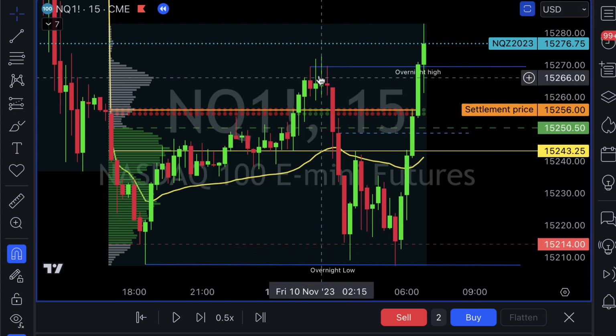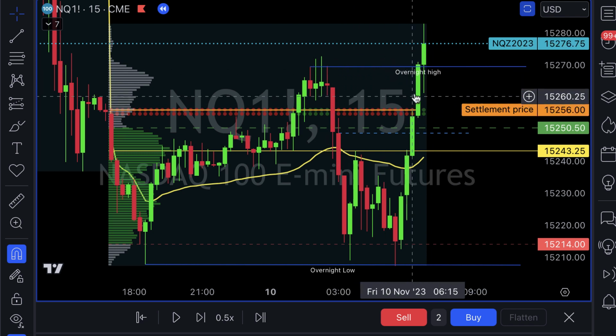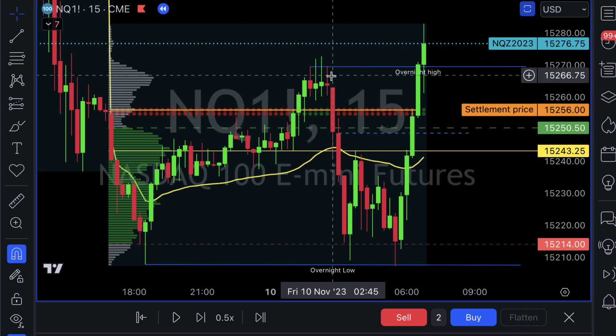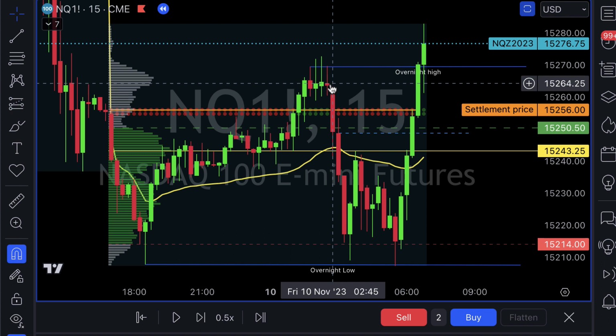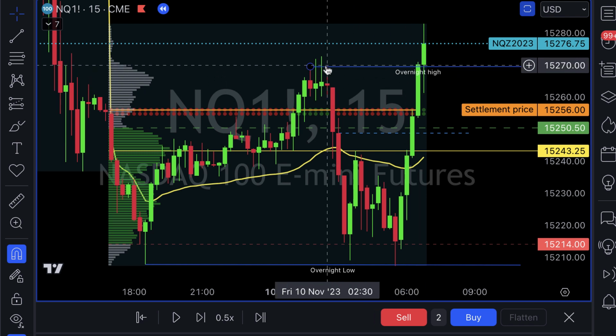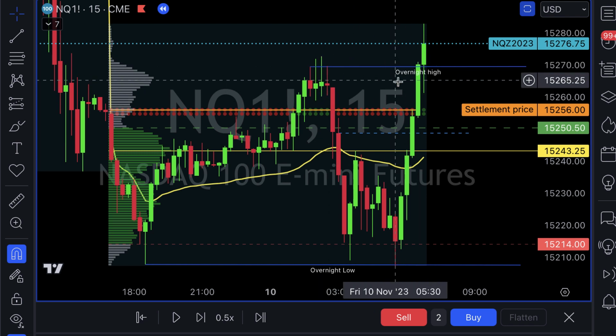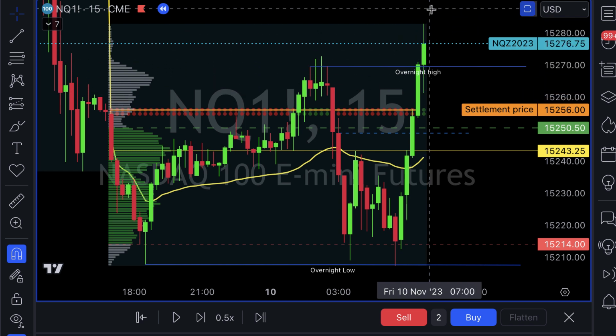Why I do that is because now I visually am looking at this and saying, uh-oh, we are already above this overnight high. We traded through it. That's very important. It didn't come up to it and take stops out. I would expect this red candle right here to trade up to it. It looked like this candle right here. See how it traded up, took the stops out, didn't trade over, and then really came down and people bought and it kept on going. So it traded through it.